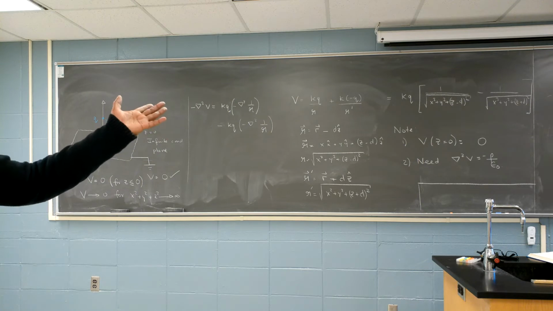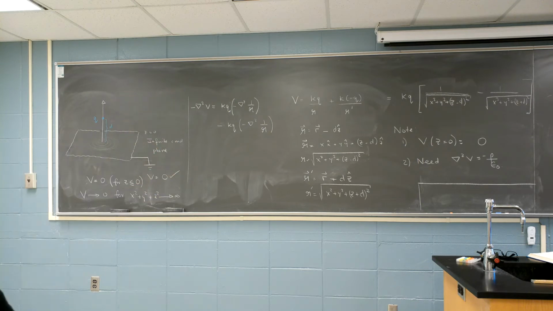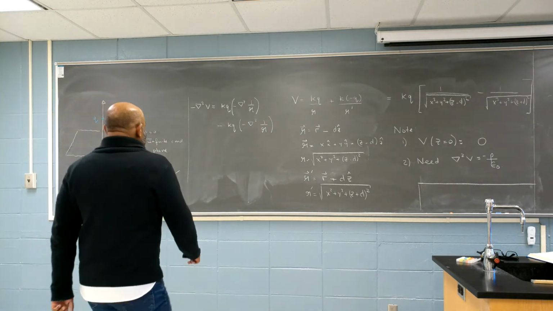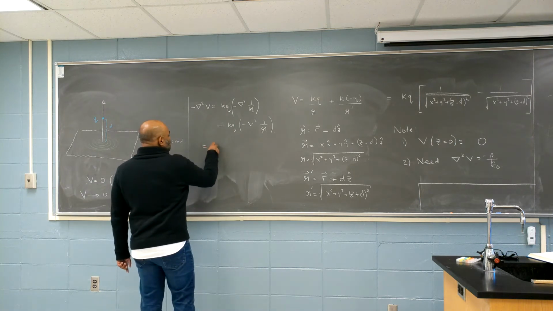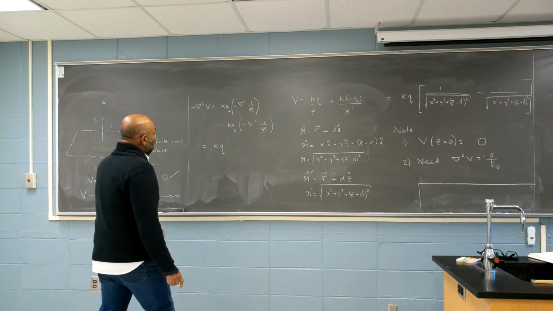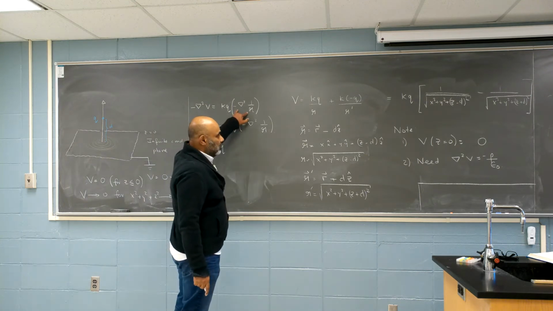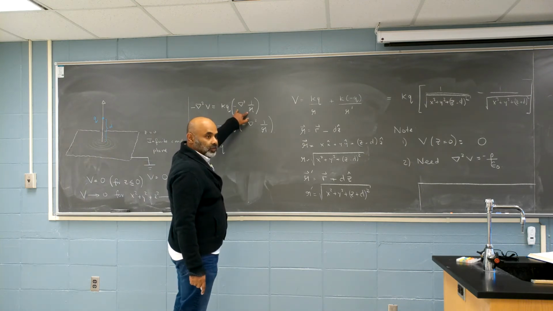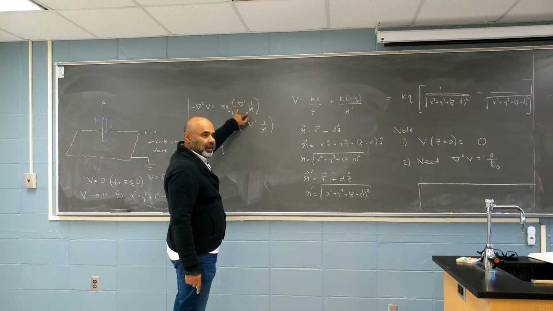I'm just using the linearity property of the Laplacian. And this is kq times 4 pi, minus kq times 4 pi.